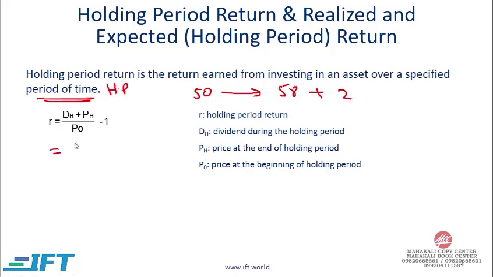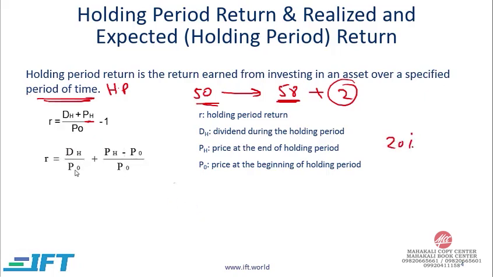The holding period return then is DH, which stands for the dividend received over the holding period, which is 2, plus the price of the stock at the end of the holding period, which is 58 in our example, divided by P0, that's the original price of the stock, minus 1. When you do the calculation, you will have 60 over 50 minus 1, that is 0.2 or 20%.